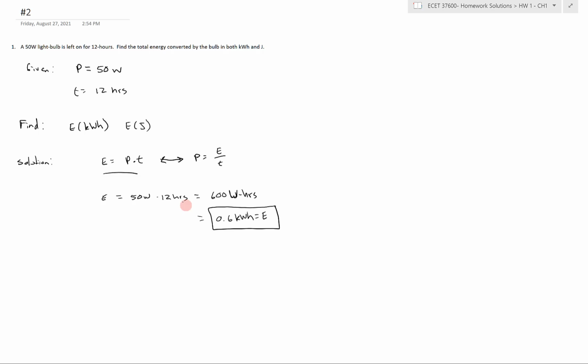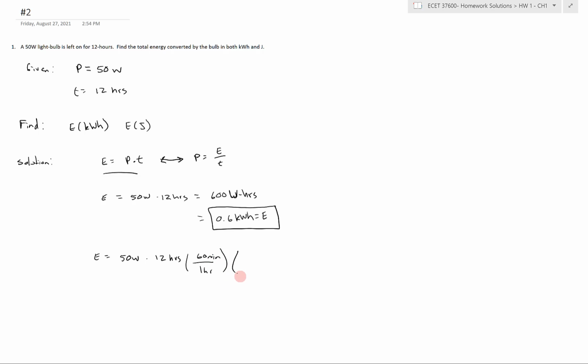If I want to know E, it's 50 watts times 12 hours. So same setup as before. Power times time gives me energy, but I don't need my time in hours. I need it in seconds. So 1 hour is 60 minutes, so that's one conversion.